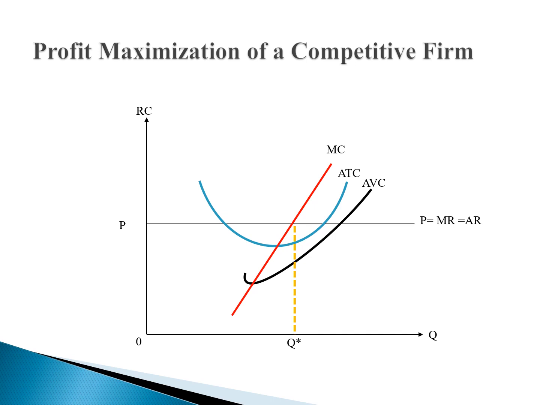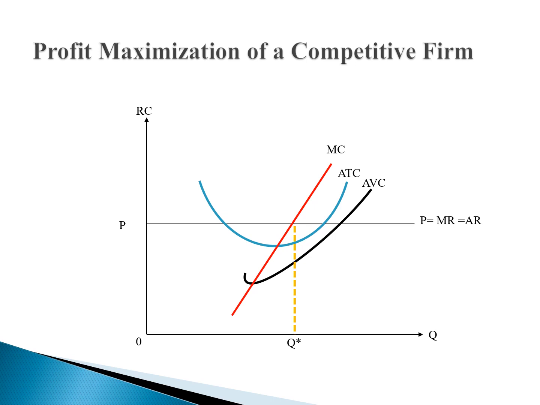You can see that the marginal cost curve is cutting the average total cost curve at its minimum in this point. And then it is also cutting the average variable cost at its minimum. Under perfect competition, we know that profit is maximized at the point where MR is equal to MC.